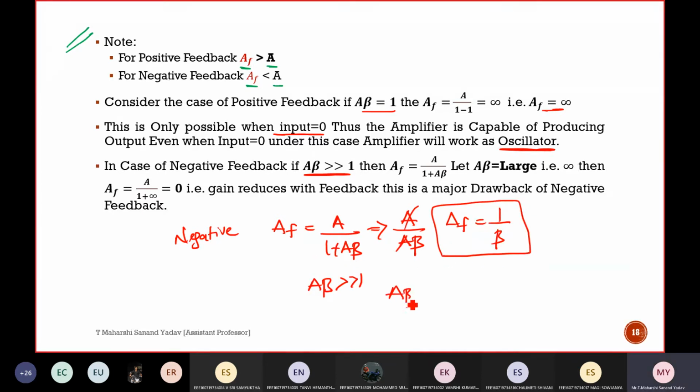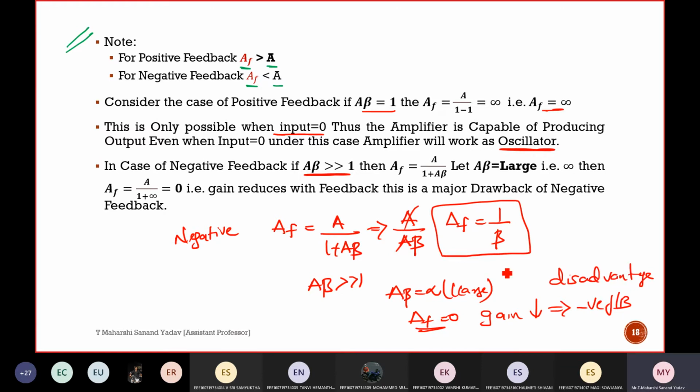And suppose I'm assuming A beta is large, which is nothing but infinite. So AF will be 0, meaning that gain is reducing because of negative feedback. This is one of the disadvantages. Remember these 2 points. If A beta is infinite, what is happening? And if A beta is equal to 1, what is happening?